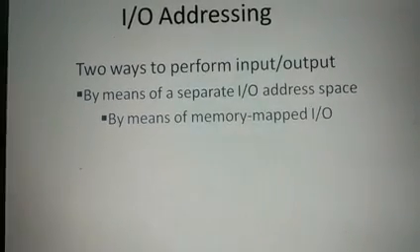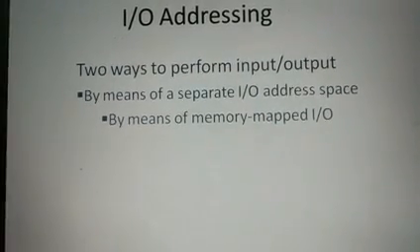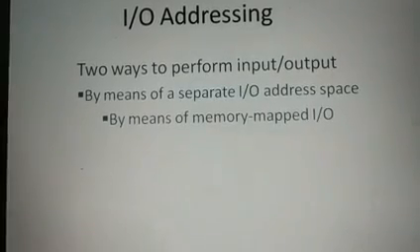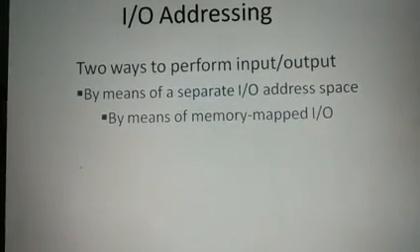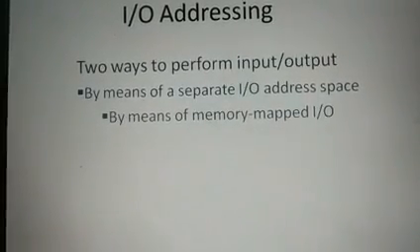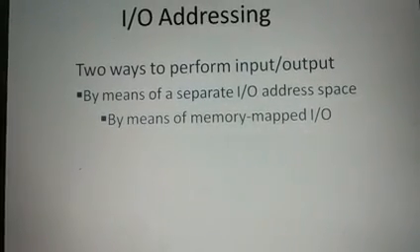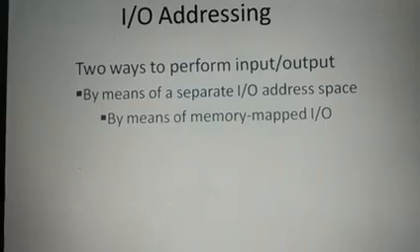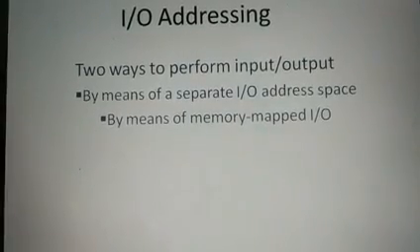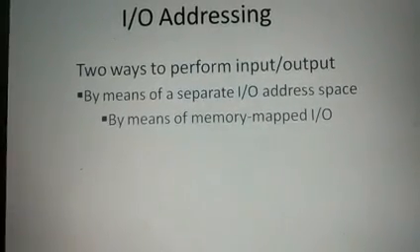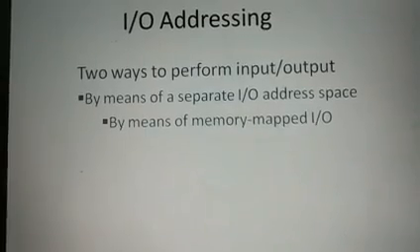Or in the second method, by means of memory mapped input output, you are not assigning a different space to the input output instruction, but you are using the same address space for the input output instruction and for the other instructions. Means you are not assigning a different location or different segment for the input output instruction.